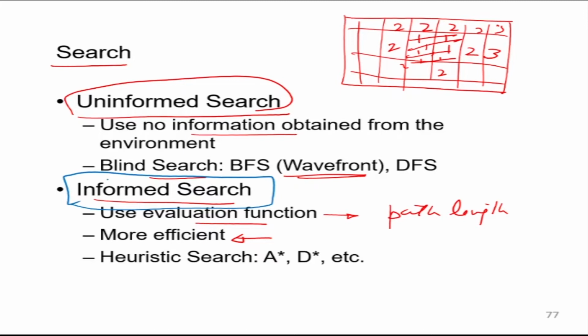So Dijkstra's algorithm goes something like this. Suppose we have a graph like this. This is A, this is C. I'll just draw the various states. So these are various states.